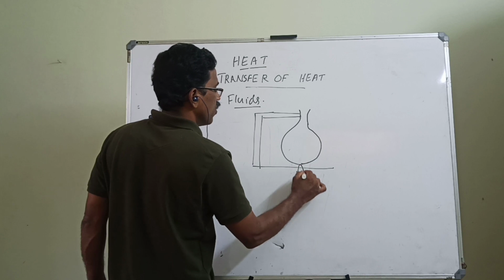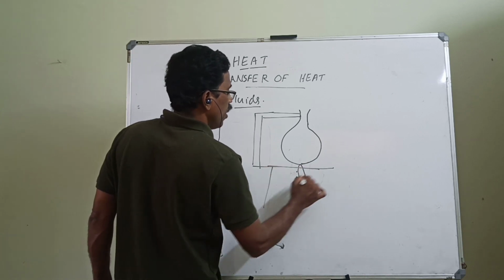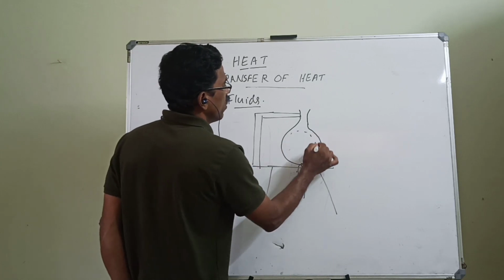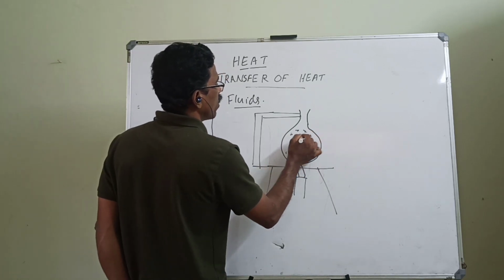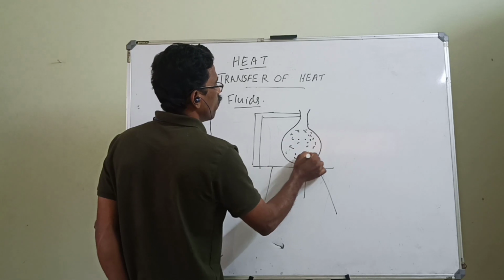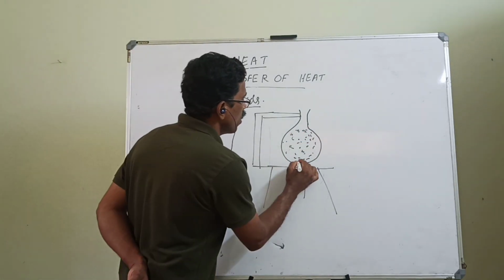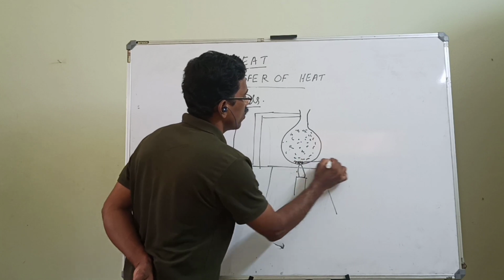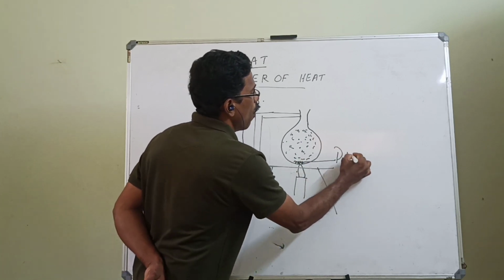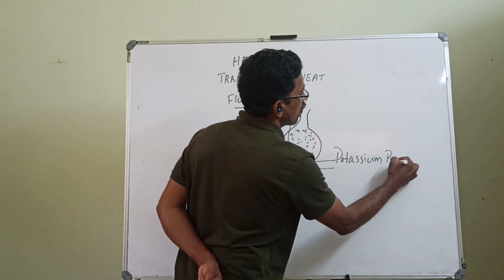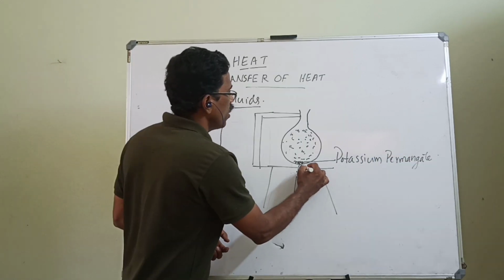You can heat it inside the round bottom flask. In the round bottom flask we have taken water and a few crystals of potassium permanganate. And now you are heating it.